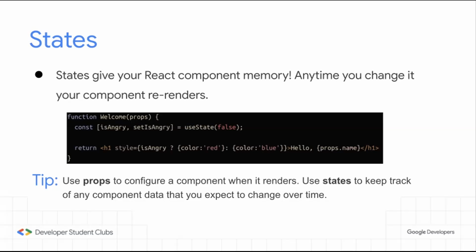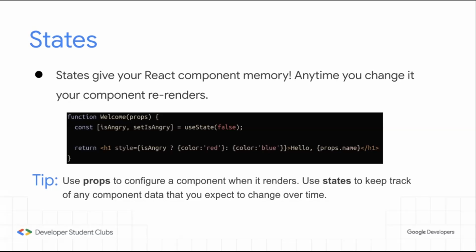Remember earlier that we said that components are nestable? When you write your HTML code, you can have a parent and multiple children underneath that. You can do the same exact thing with React components. And if you were to change the state of any individual component, it will re-render that component and it will re-render all of its parents.